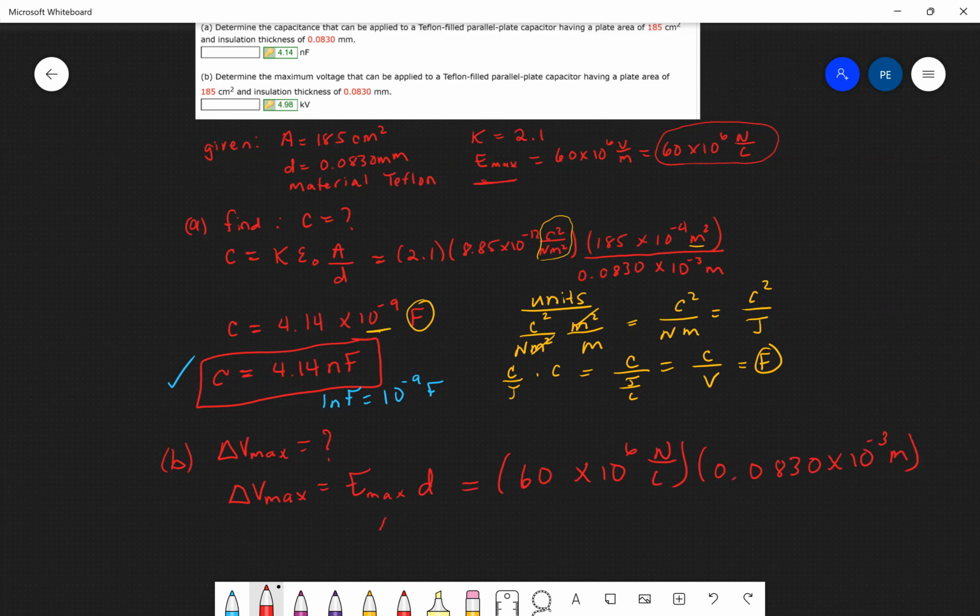This gives us a maximum potential difference of 4,980 volts, which is equal to 4.98 kilovolts. I'm going to convert this to kilovolts. This is our maximum potential difference.